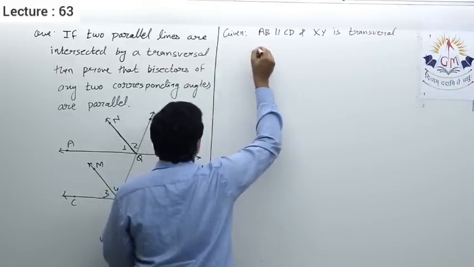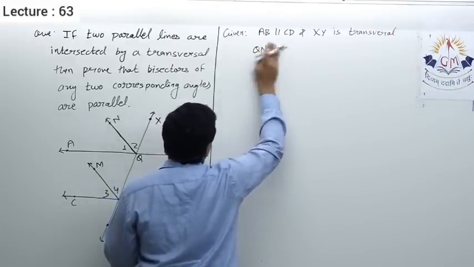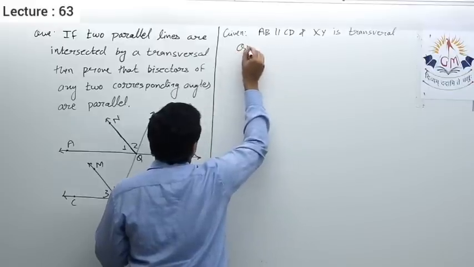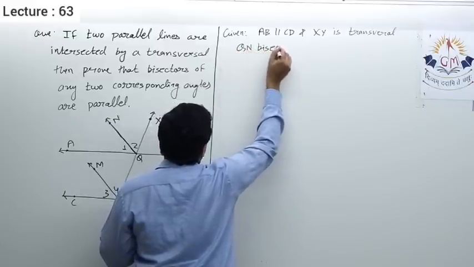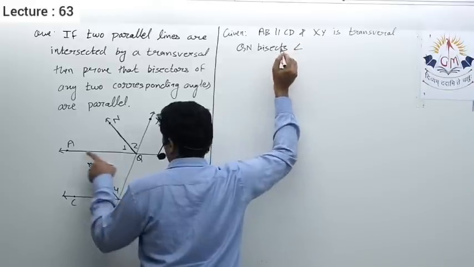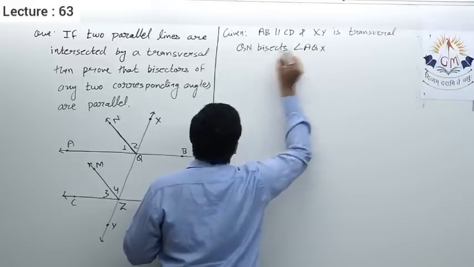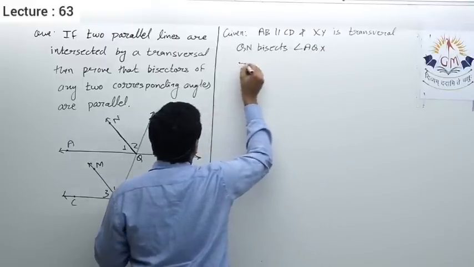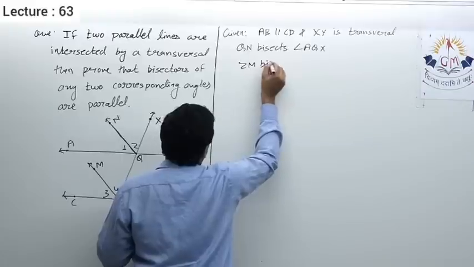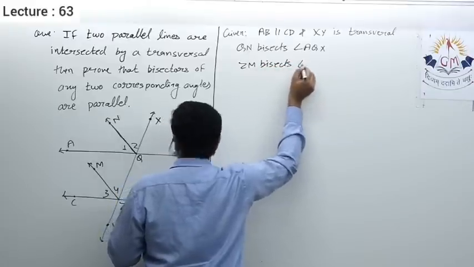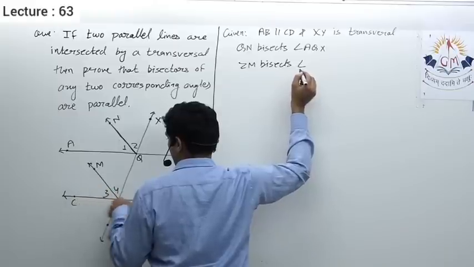All is given: QN bisects angle AQX, and ZM bisects angle CZQ.